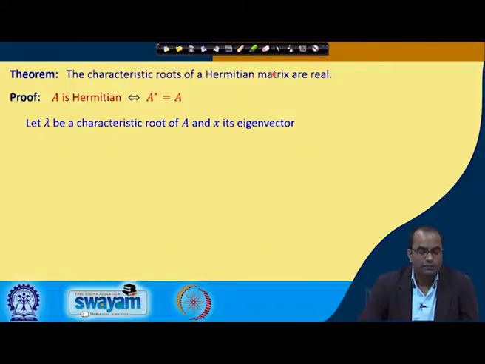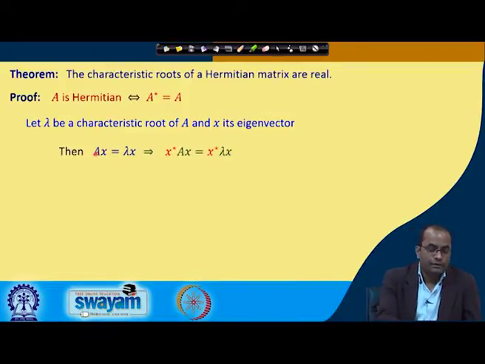So, if lambda is a characteristic root of A and x the corresponding eigenvector, then we will show that this lambda has to be real. How? We have A x equal to lambda x, that is the relation between the eigenvalues and eigenvectors. We multiply by x star on both sides. What is x star?